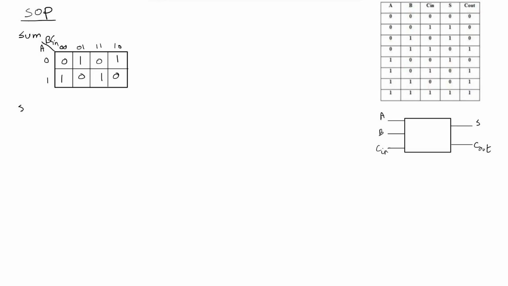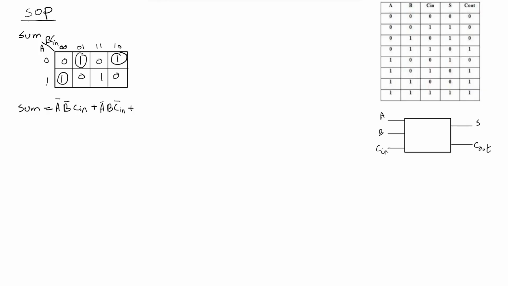So the Boolean expression for the sum will be as follows. From this one here, A is 0, so this is A bar, B is 0 and Cin is 1, so this is B bar Cin, plus. For this one here, A is 0, so this is A bar, and here we have 1, 0 for B, Cin, so this will be B Cin bar, plus.